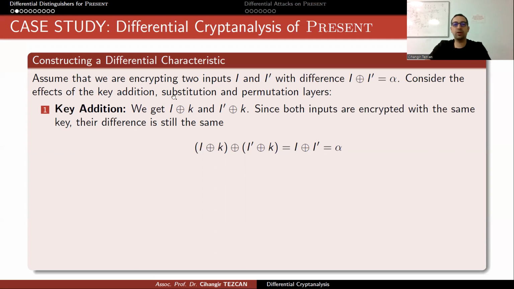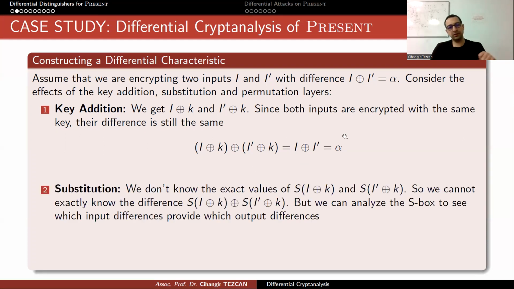I don't know these two output values, but if I XOR them, K will cancel out. We will end up with I XOR I prime, but we initially fixed their difference to alpha. So we know that this key addition layer does not change this alpha difference. This is actually why we give the difference in terms of the XOR operation. Of course, this applies only when the key addition is simply an XOR operation, right?